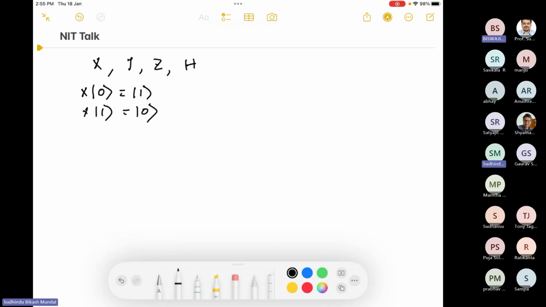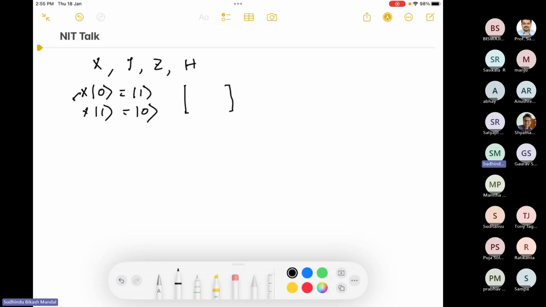What is the meaning of this operator? We can write this X operator mathematically in matrix form.